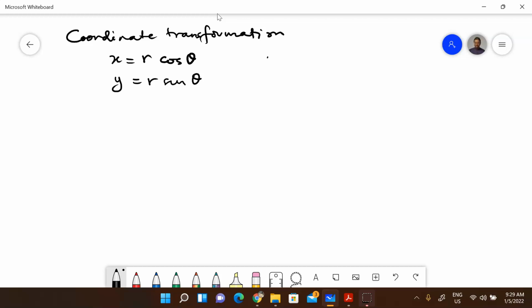So this is x in terms of r and theta, y in terms of r and theta, but you can also re-express theta in terms of x and y, which is a little bit ugly in a way, and essentially you have inverse tangent of y over x.